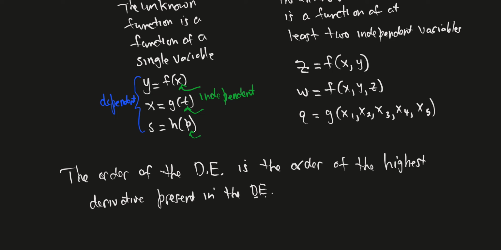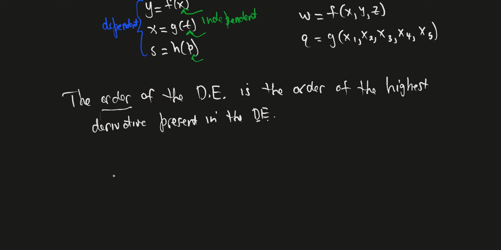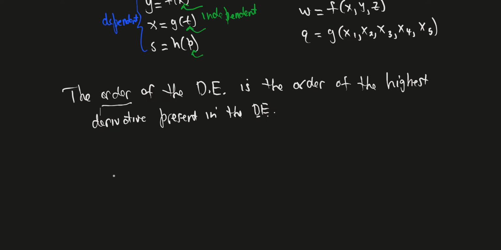So in other words, as I was saying earlier, you have some equations that only have a first derivative. Those would be called first order. Some differential equations might have up to a second derivative, and those would be second order. So you look at the differential equation, apply what we know about the notation for derivatives, and then decide, is this first, is this second, and so forth, right?